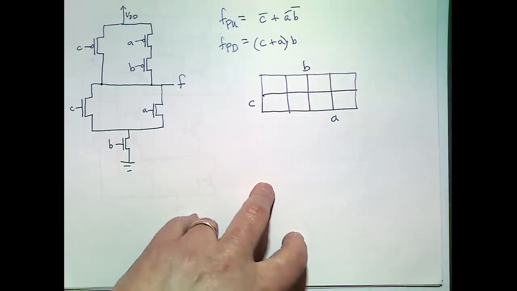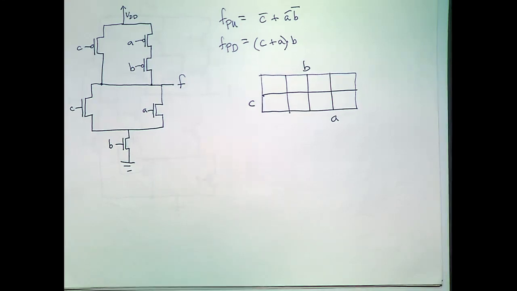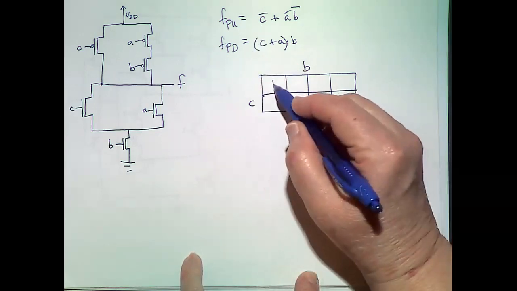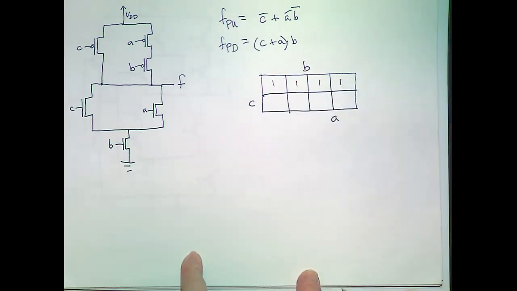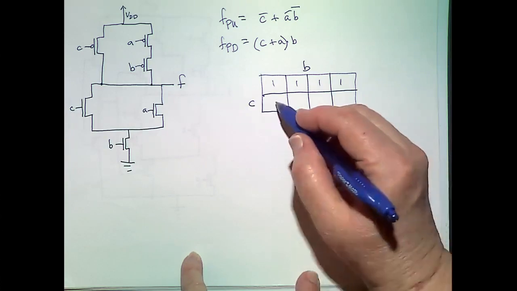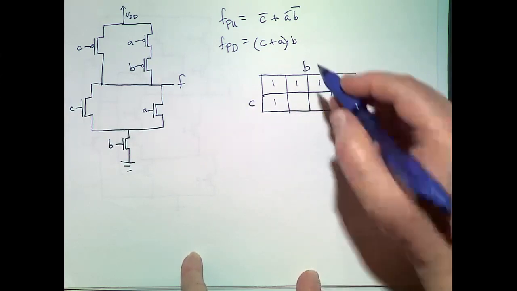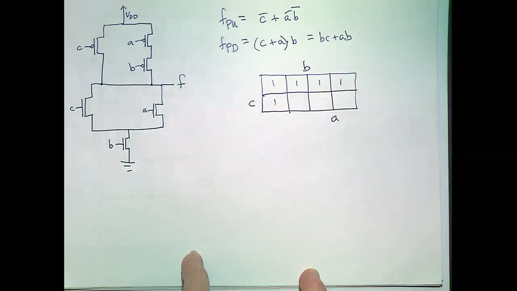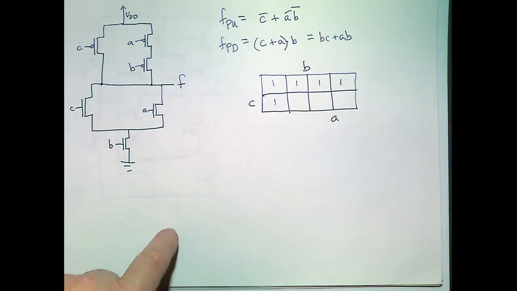Okay. So where are we pulling up? Let's see. When C is 0, so that's up here. And when both A and B are 0, so that's here. And let's rewrite this as BC plus AB so that I have product terms and I can locate the corresponding cells easier.